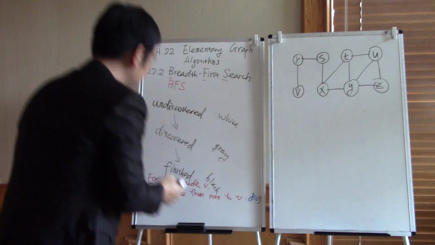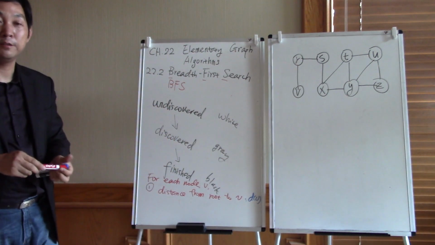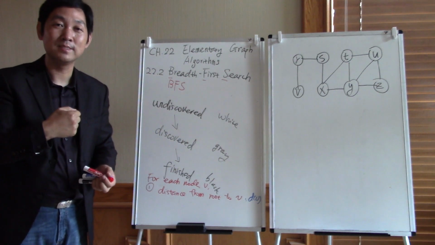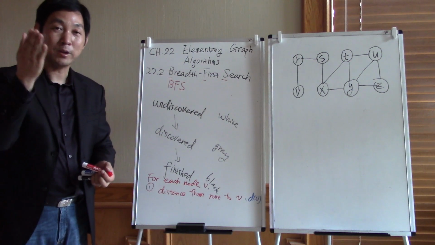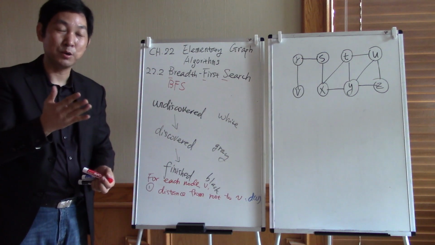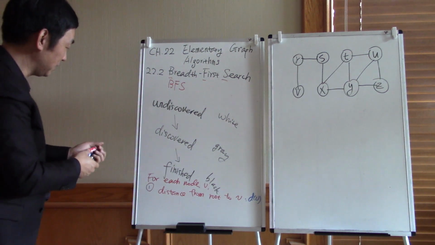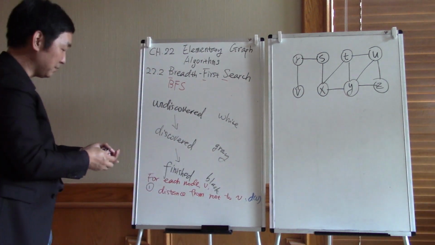And the second, we are also going to remember how we reached node V from the root. So which node discovered V first? In other words, if you look at the shortest path from the root node to V, where does this path come from?